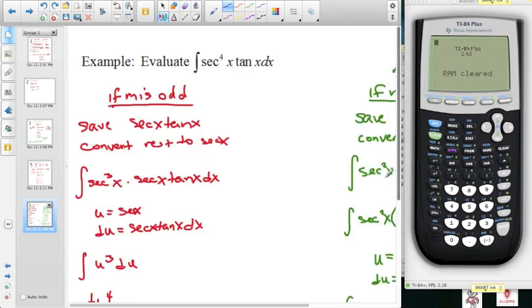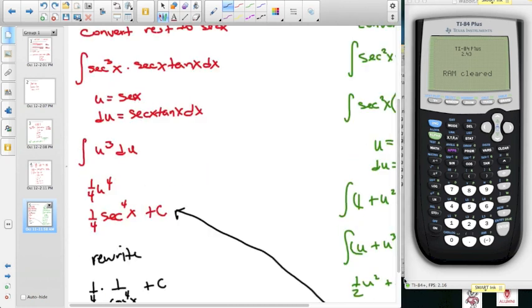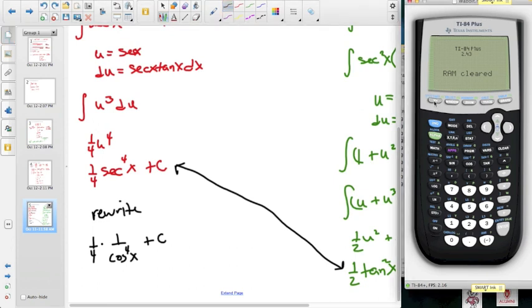There we go. Okay, so if we look at the graphing calculator, I'm going to go ahead and put this in. So that's 0.25 divided by, let's clear that up.